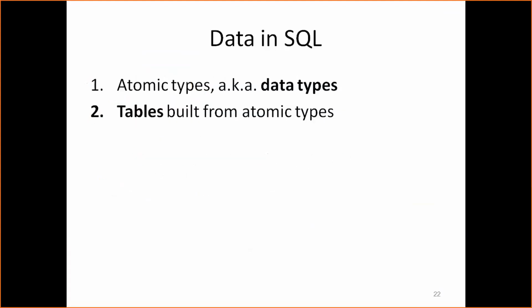We said the data is organized in terms of tables, and every table can have one or more columns, and all the values in one column should have the same data type. So what are the possible data types you can have? Again, in every column the values should be atomic. In other words, you cannot subdivide the values into further sub values. Let's say the question is, can I put address as one column in a database?